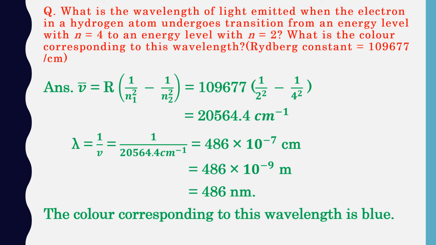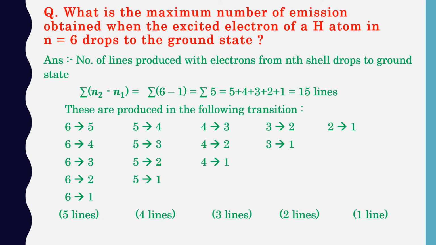Switching over to the next question. What is the maximum number of emission lines obtained when the excited electron of a hydrogen atom in n equals 6 drops to the ground state? Here we have to find the maximum number of emissions, meaning the number of lines emitted.